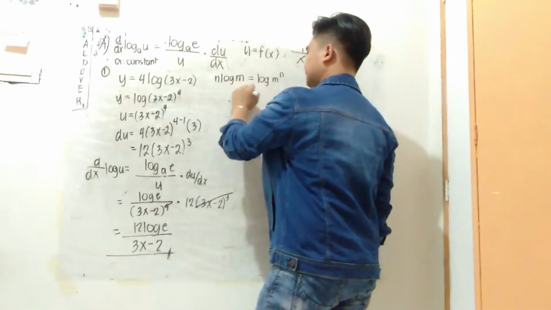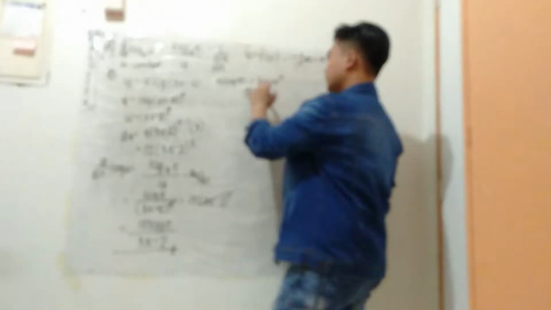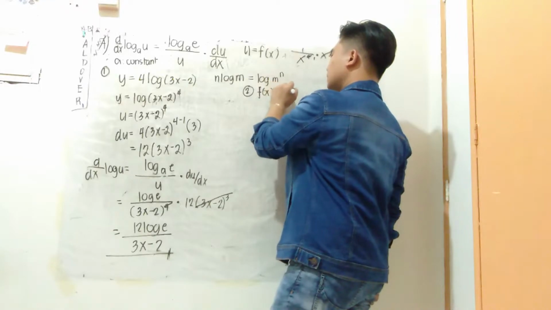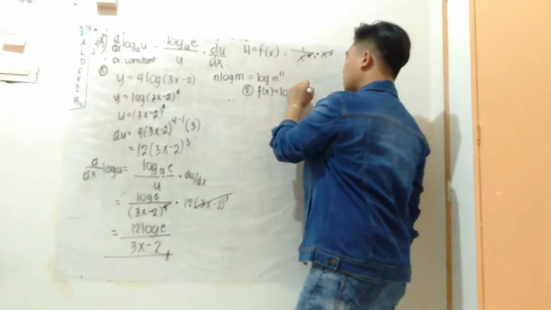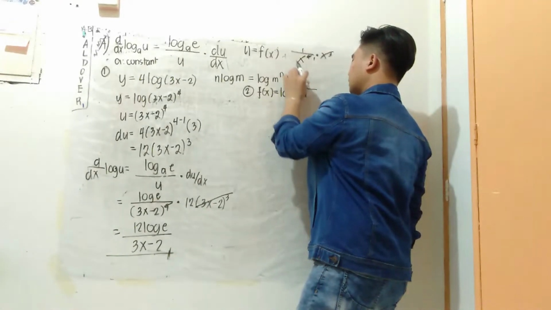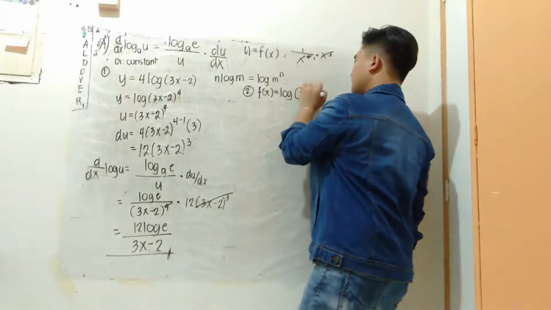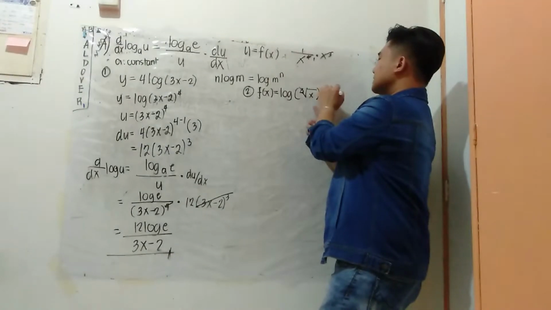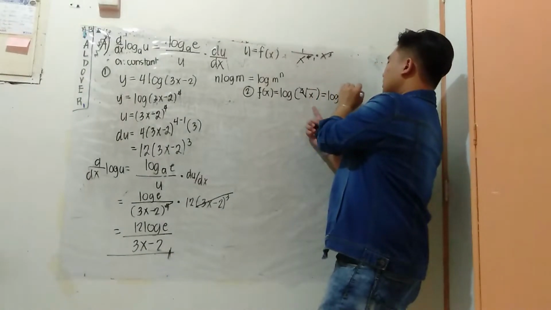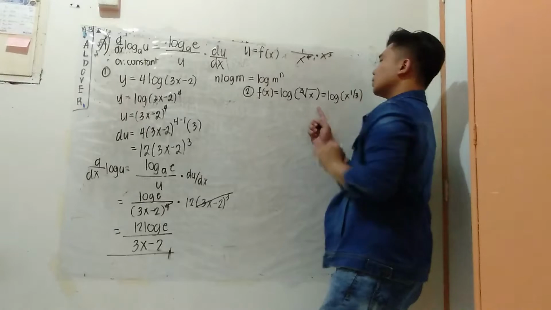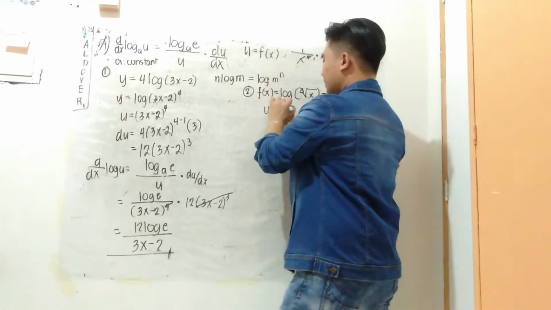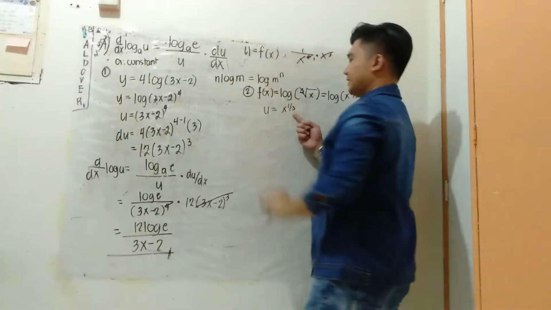Next, what if f of x is equal to log of cube root of x? Okay? Diba equal lang naman to sa log of x raised to 1/3. So, u ko malinaw, that is x to the 1/3.